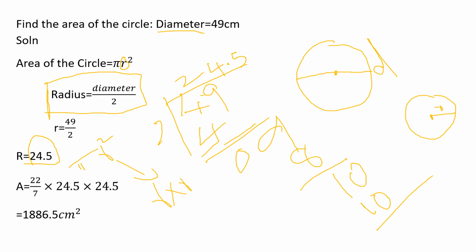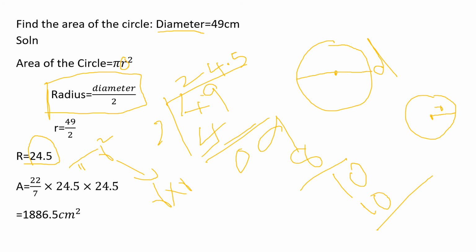So today what are the formulas we have learned? Area of a parallelogram, then area of a triangle, then circumference of a circle, and area of a circle. Okay, children. So please learn all the formulas and do and see all the problems. So we have completed this chapter.